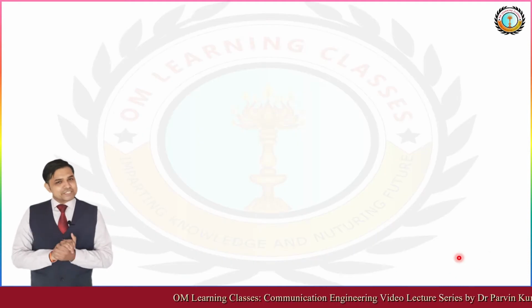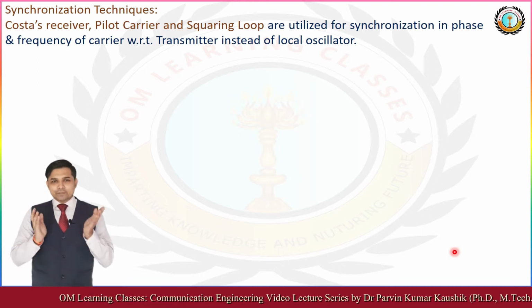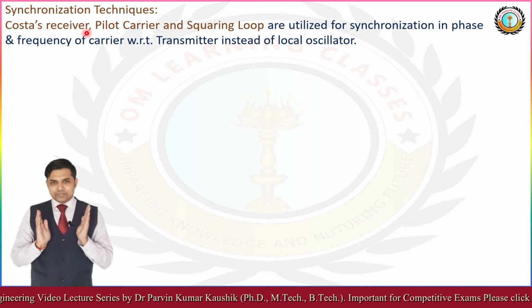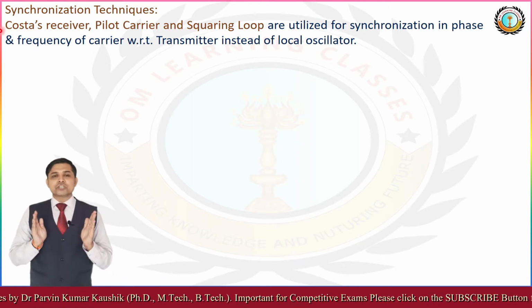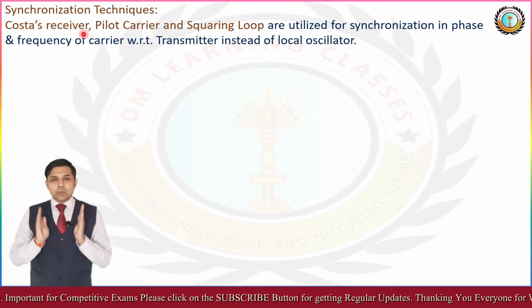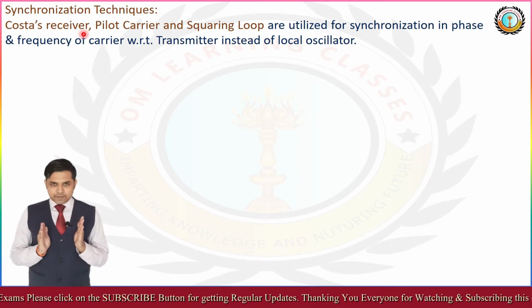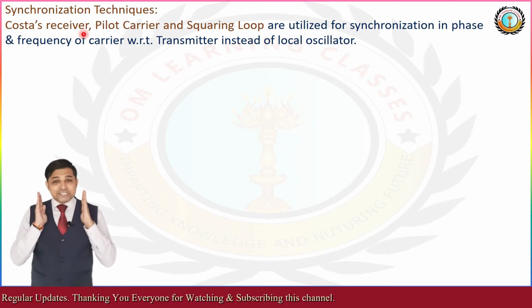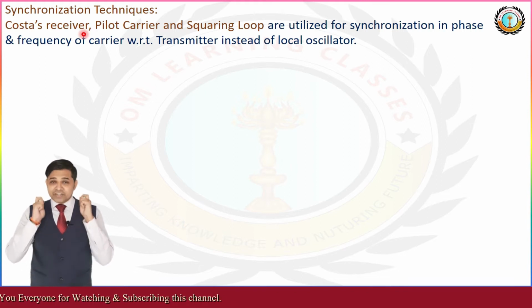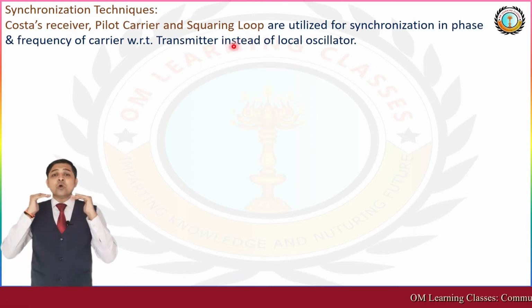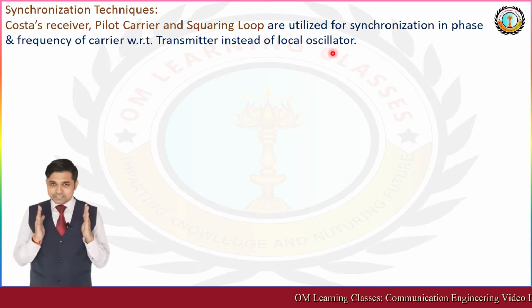As per our previous lecture, we already completed the first synchronization technique, that is Costas receiver. During this lecture, we will discuss the pilot carrier and squaring loop synchronization techniques. These synchronization techniques are utilized for synchronization in phase and frequency of the carrier with respect to the transmitted carrier wave, instead of utilizing a local oscillator.